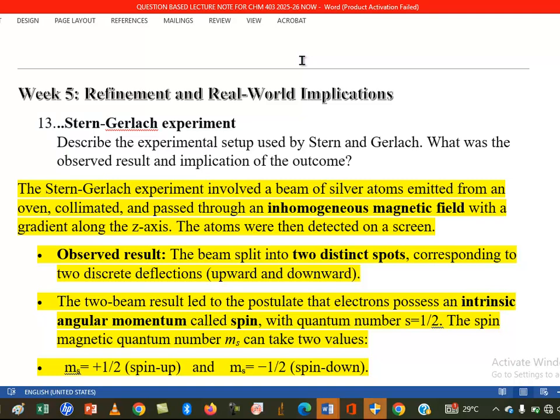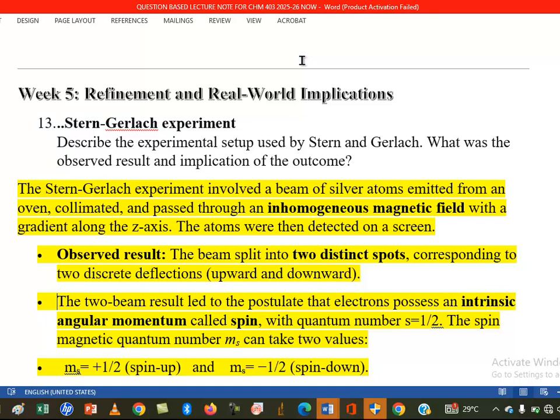This is important, inhomogeneous magnetic field with a gradient along the z-axis. So the atoms were then detected on the screen, and from what was observed, the beam split into 2 distinct spots corresponding to 2 discrete deflections, upward and downward.